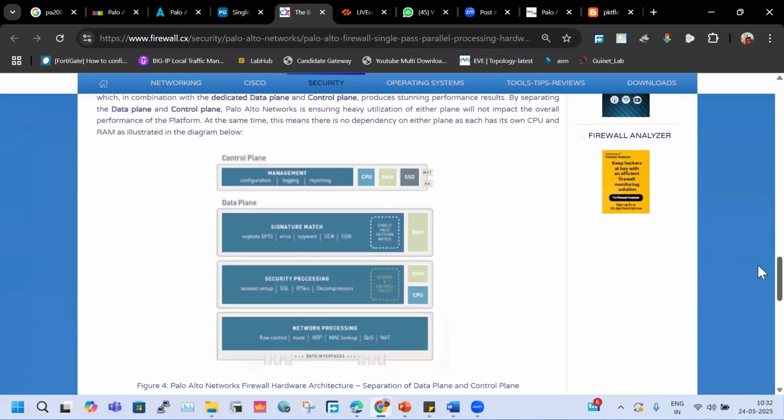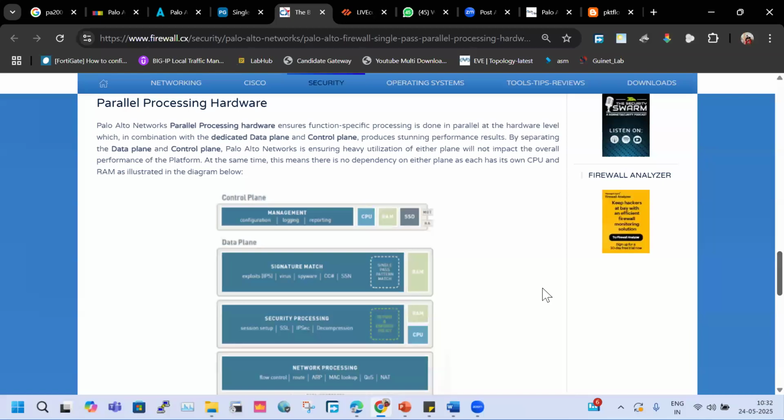Here is the difference. If you compare our Palo Alto firewall with other firewalls, it has a separate, dedicated control plane and data plane. Now, what is the data plane and what is the control plane?